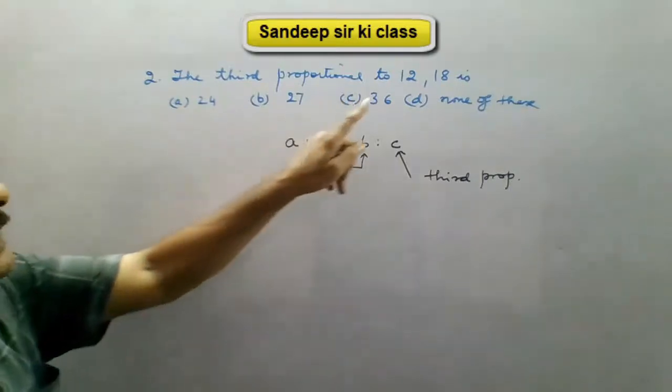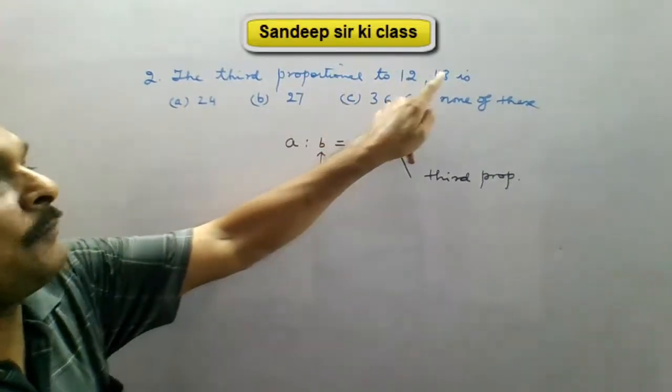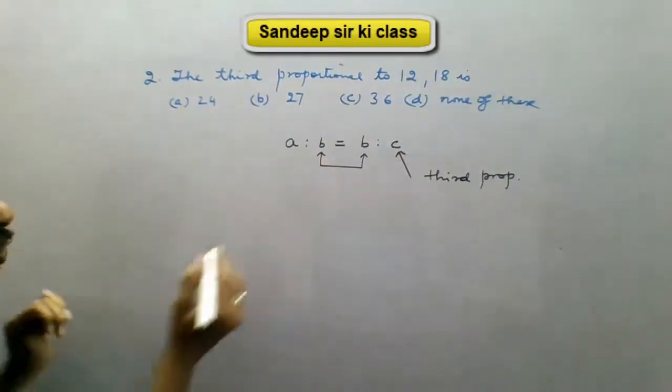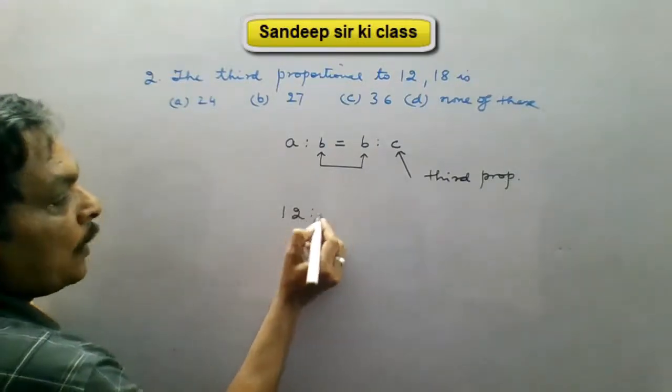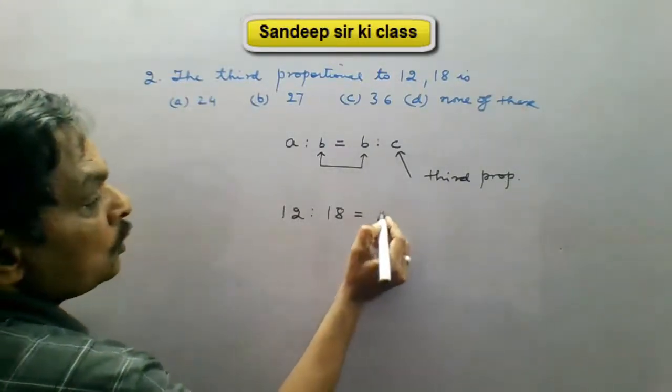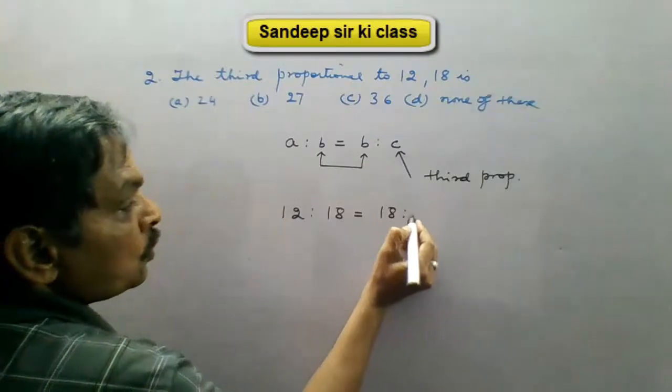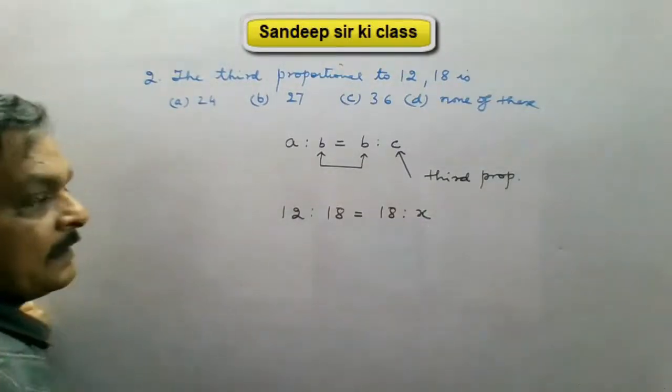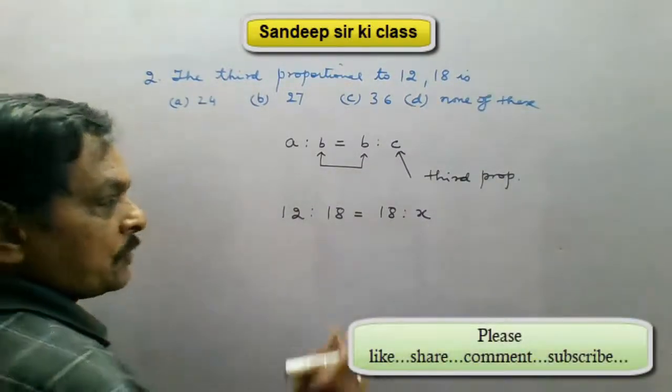Now we have been given terms 12 and 18. So 12 ratio 18 is equal to 18 ratio say x, where x is our third proportional.